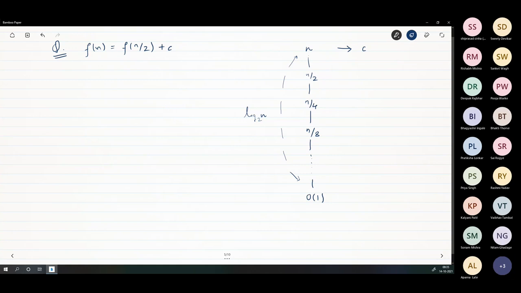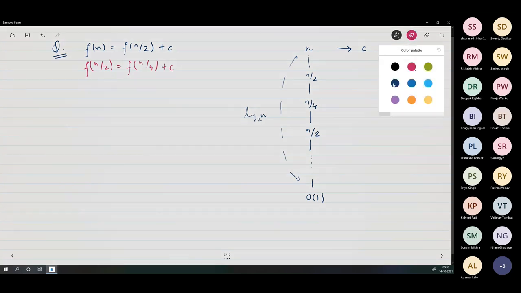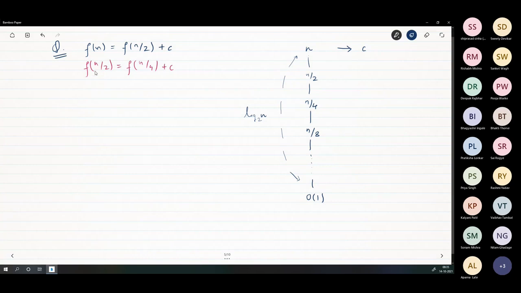If you want to compute f of n by 2, the recurrence is f of n by 2 is equal to f of n by 4 plus c, because this thing is true for all n. At the level of f of n by 2, you have a cost c, and then whatever is coming out of f of n by 4, and you will repeat this.